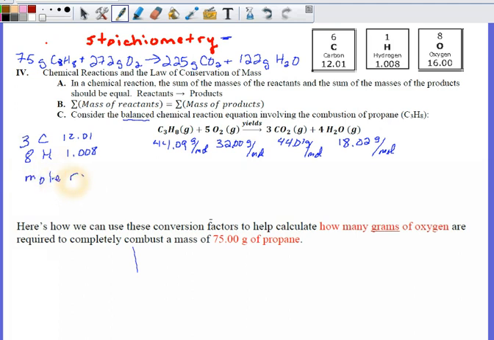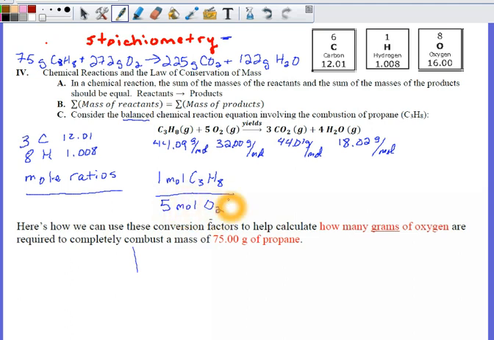Mole ratios are a very important part of stoichiometry, what we're going to be doing throughout the whole course actually. But you can only establish mole ratios once you've balanced the equation with the proper coefficients, which we'll do a lot of in practice. But since this one's already balanced for you, we can look at what the mole ratios are. So I can look at that equation and I can say, 1 mole of C3H8 will require 5 moles of oxygen to completely react it.